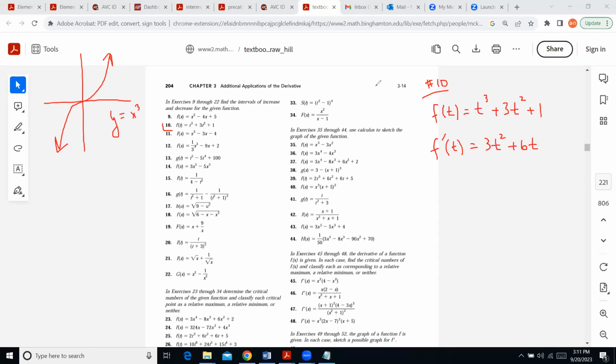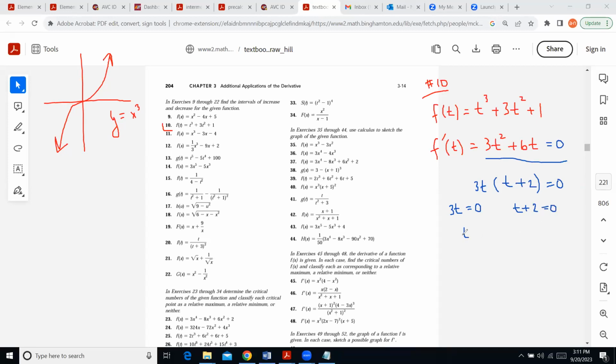So I found the derivative. All right, found the derivative, set it equal to 0, and solve this equation. How do we solve it? We factor it. Take out 3t, that's a common factor, right? So t in the parentheses plus 2. So it looks like when I solve these equations, because there'd be 2 of those, the first is going to be set equal to 0, as well as the second one set equal to 0.